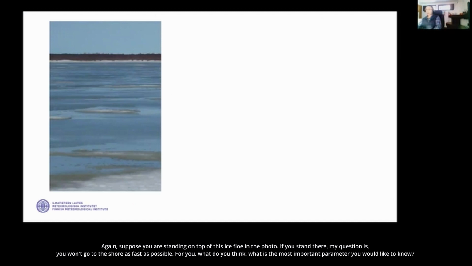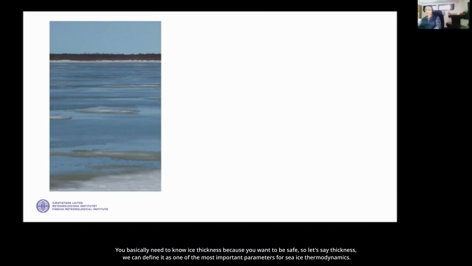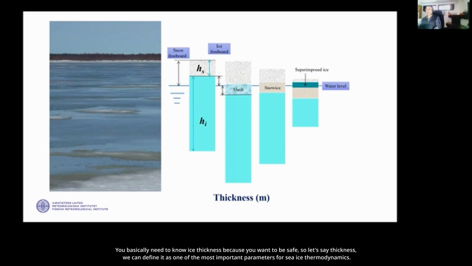If you stand there, and you want to go to the shore as fast as possible, what do you think is the most important parameter you would like to know? You need to know the ice thickness because you want to be safe. So let's say thickness, we can define as one of the most important parameters for sea ice thermodynamics.